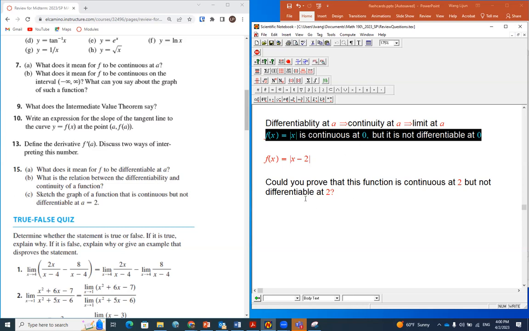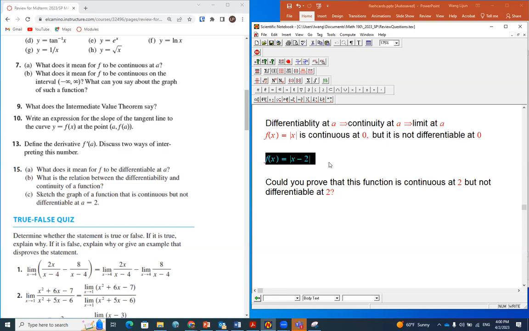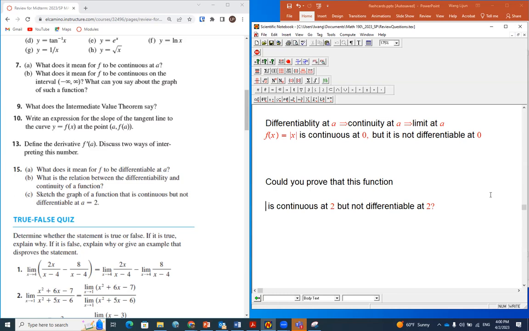But can you prove similarly that this function f of x equals the absolute value of x minus 2 is continuous at 2 but not differentiable at 2? I leave that for you. I think you can do it. If you need help, let me know.